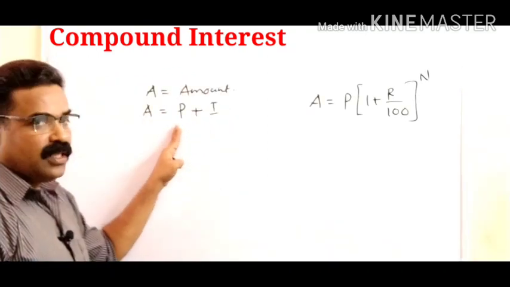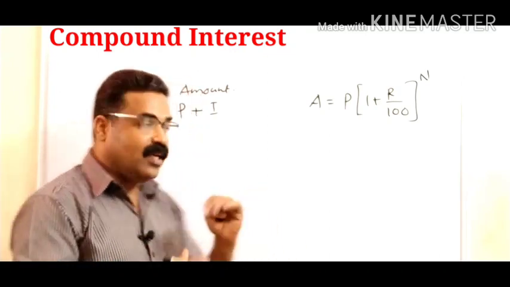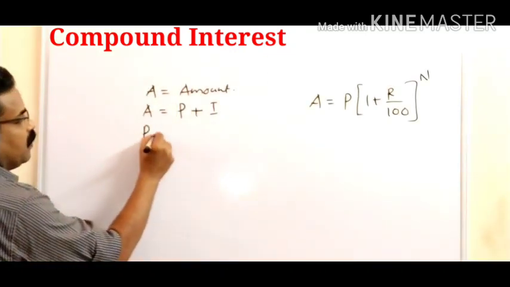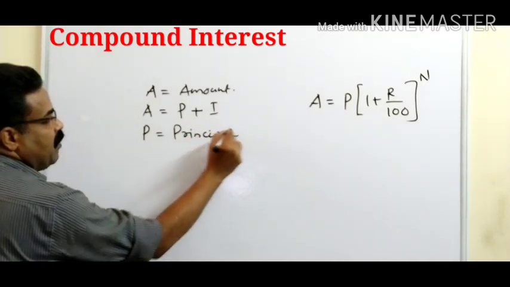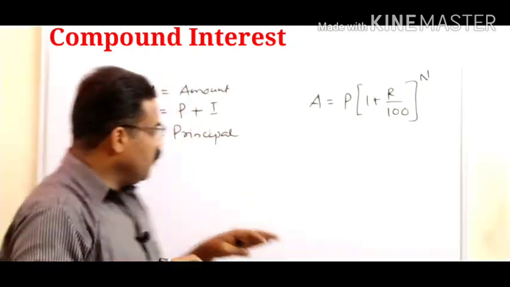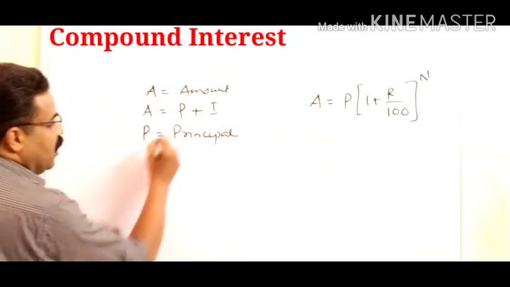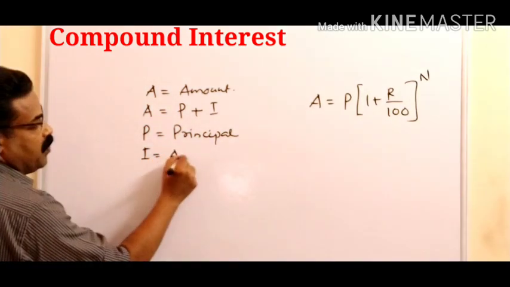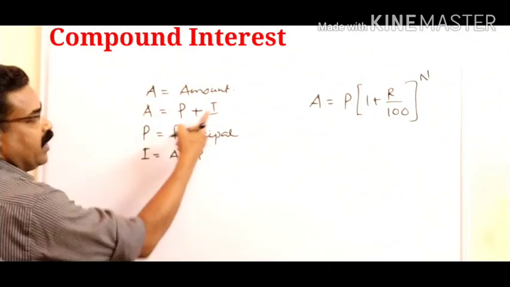P stands for principal, the amount which you are investing initially. If you know P and A, you can find I. I is equal to A minus P. From A, you subtract P, and you will get I.